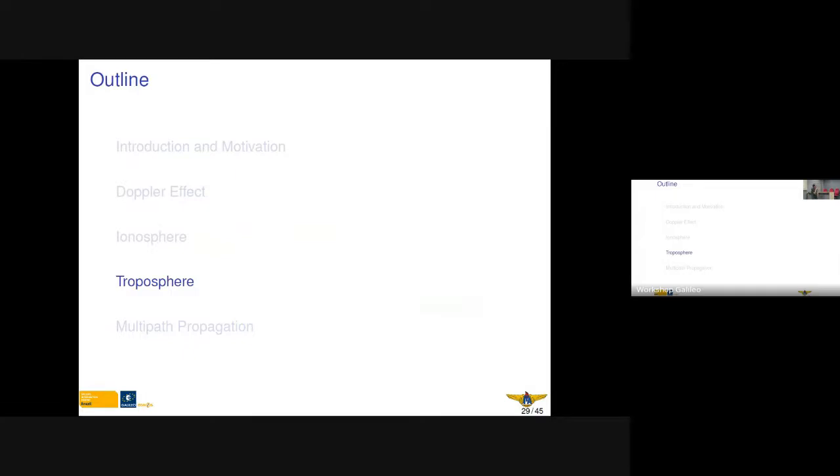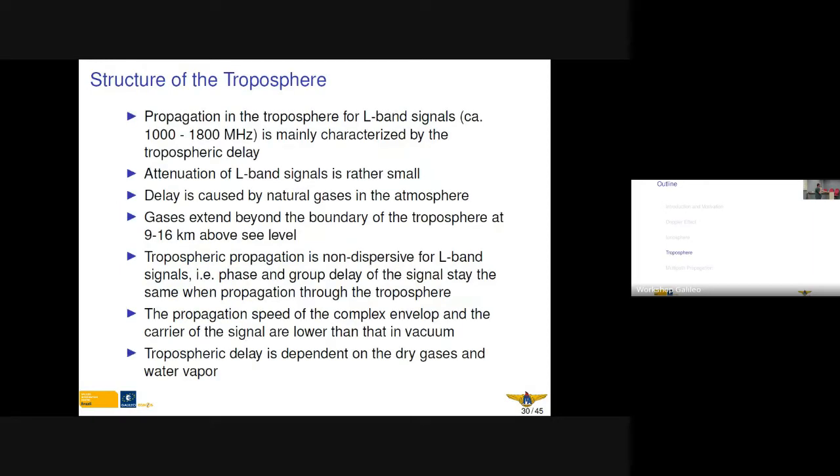I want to talk next about the troposphere, and I will also present one of the troposphere models that can be used to correct these effects. So the propagation in the troposphere for L-band signals, from 1 gigahertz to 1.8 gigahertz, is mainly characterized by the tropospheric delay. We have a delay that is constant within the frequency domain in this range.